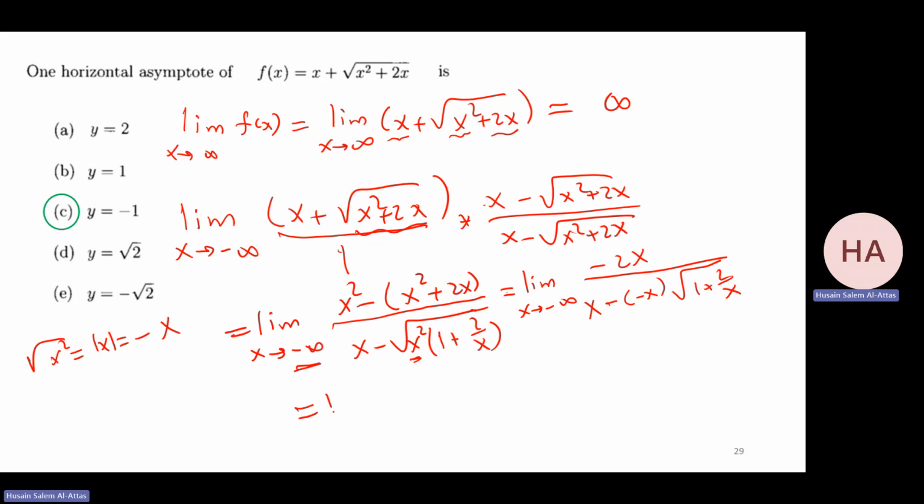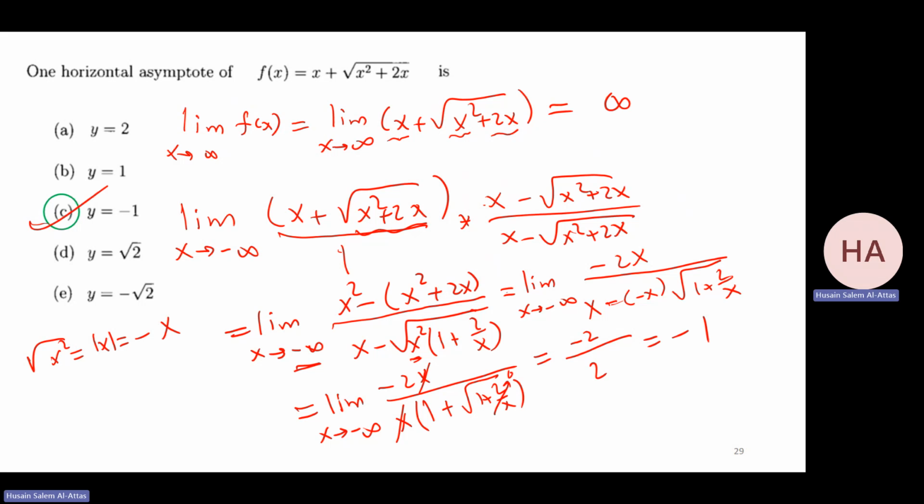So that will be the limit, as x goes to minus infinity, of minus 2x over. I take x common factor. The remaining is what? 1. Here minus x is plus, 1 plus 2 over x. This x killed. So I have minus 2 over what? That is 0. 1 plus 1, which is 2. So the answer is minus 1. So this is the horizontal asymptote. y equal minus 1 is a horizontal asymptote.